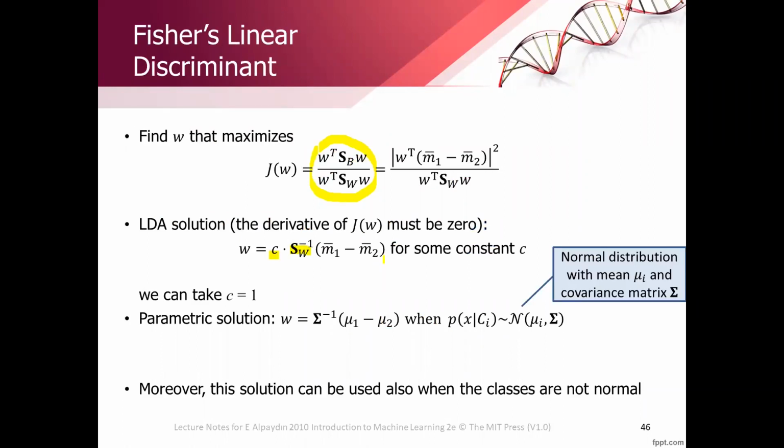Only in case that the classes have a normal distribution, so the probability of observing X for class Ci, if it belongs to class Ci, is from some normal distribution, then the formula is simpler in that the within class scatter can be replaced by the covariance matrix.